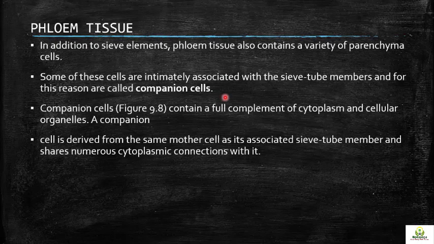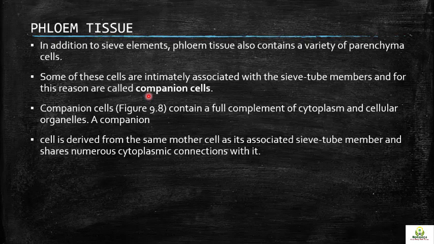So in addition to the sieve elements, phloem tissue also contains a variety of parenchyma cells. Along with the other cells which we have discussed, the fibers and others, there are also parenchyma cells which are called the companion cells. Some of these cells are intimately associated with the sieve tube members, and these are called the companion cells.